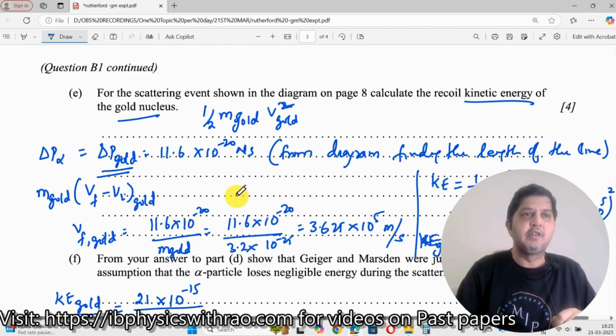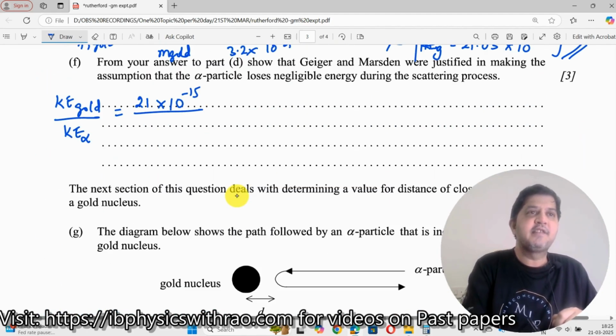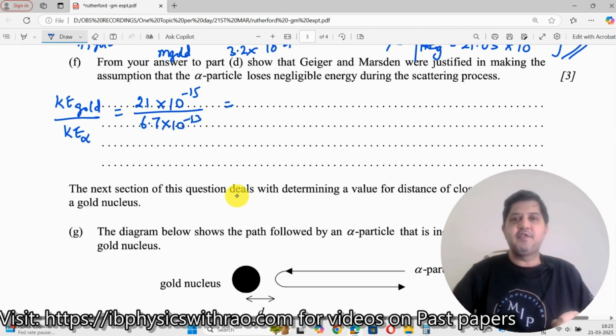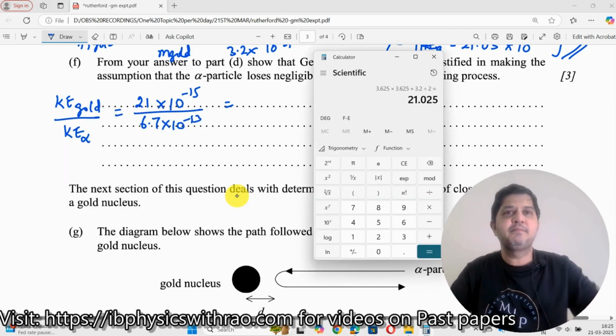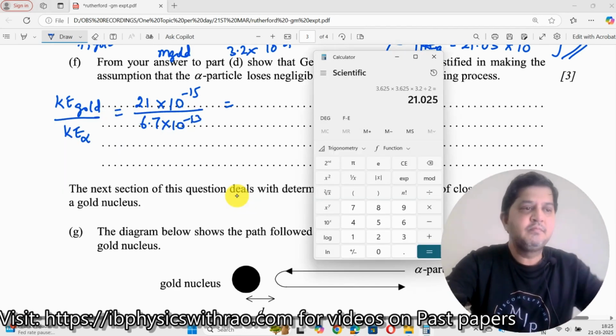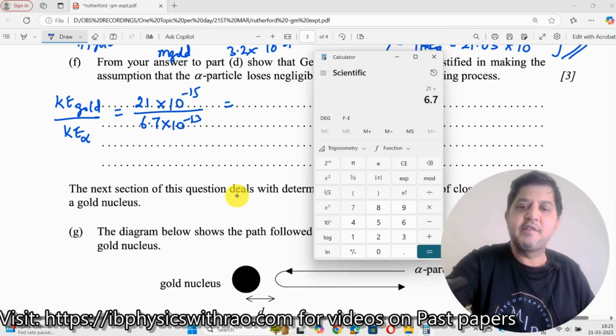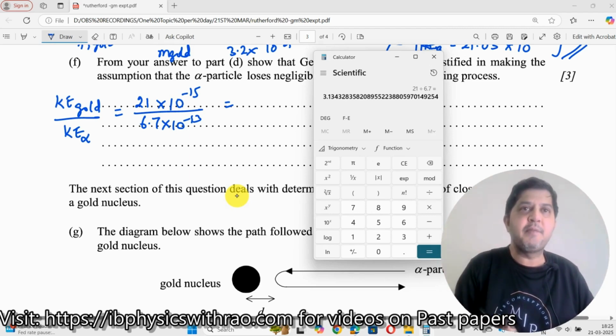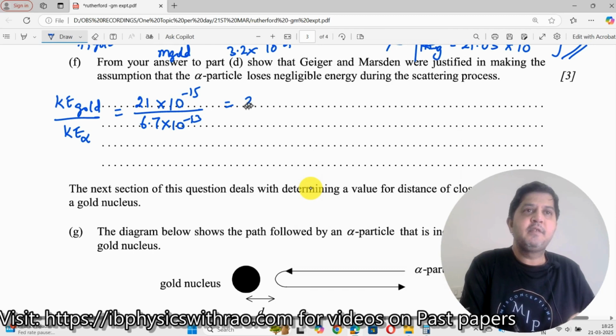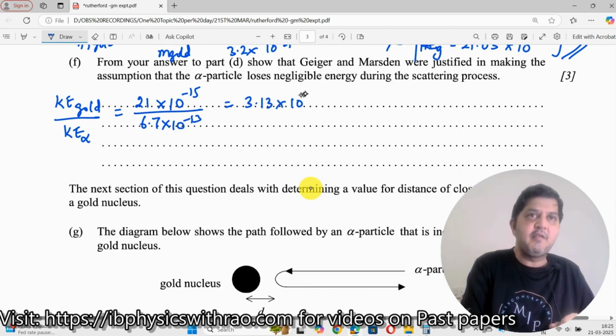We'll write this as 6.7 into 10 to the power of minus 13, which should now be equal to 21 divided by 6.7, which is 3.13 into 10 to the power of minus 15 plus 13, which is minus 2. The ratio comes out to be around 0.03, right?